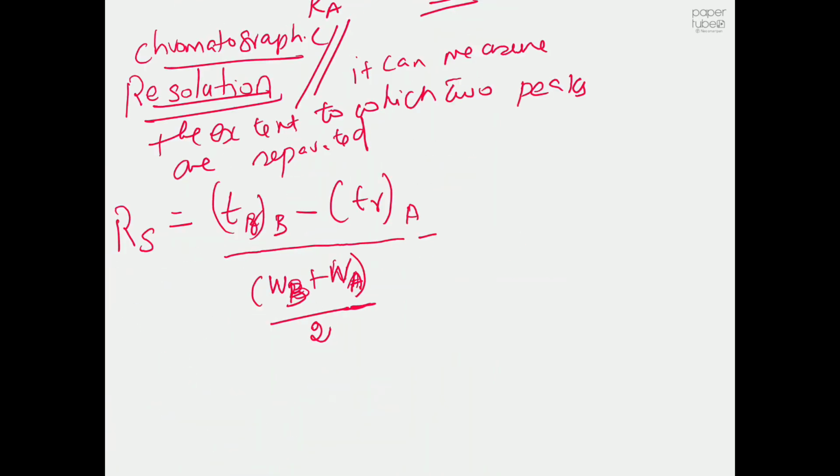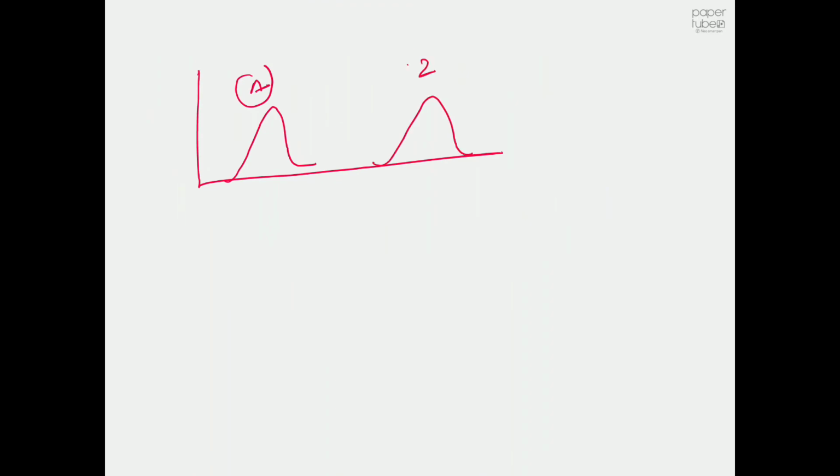So if you want, we can rewrite it by putting the 2 in the numerator: TRB minus TRA divided by WB plus WA. So if you have a chromatogram like this, let's say molecule 1, this one, and then molecule 2. We know the retention time of molecule 1 and the retention time of molecule 2 from this type of chromatogram.